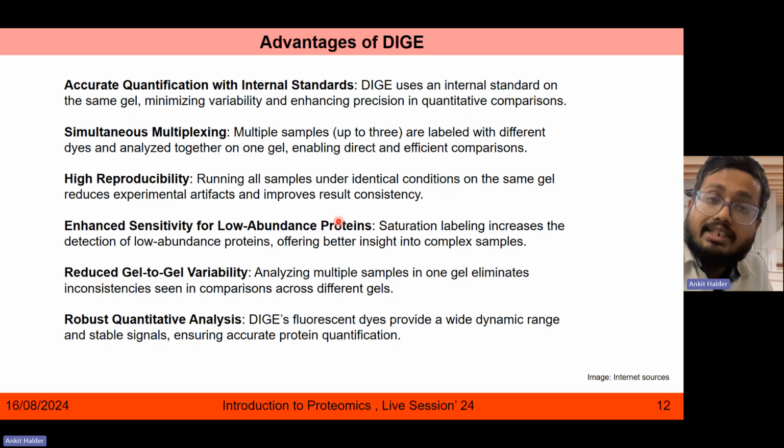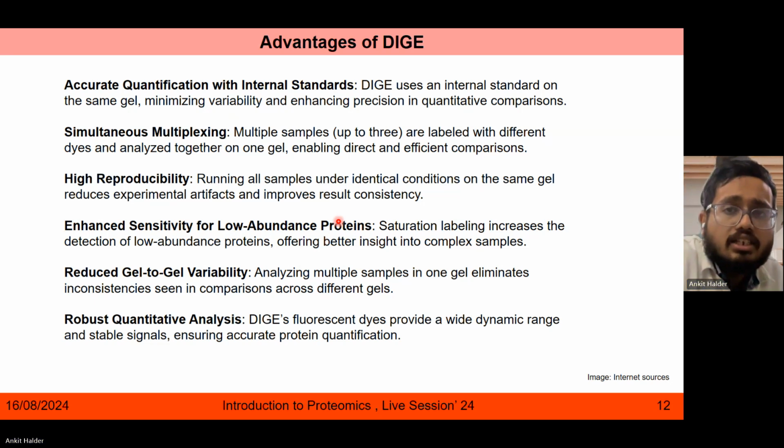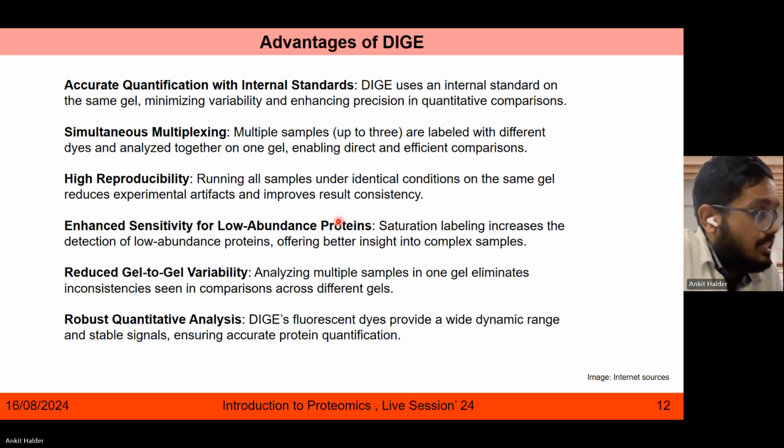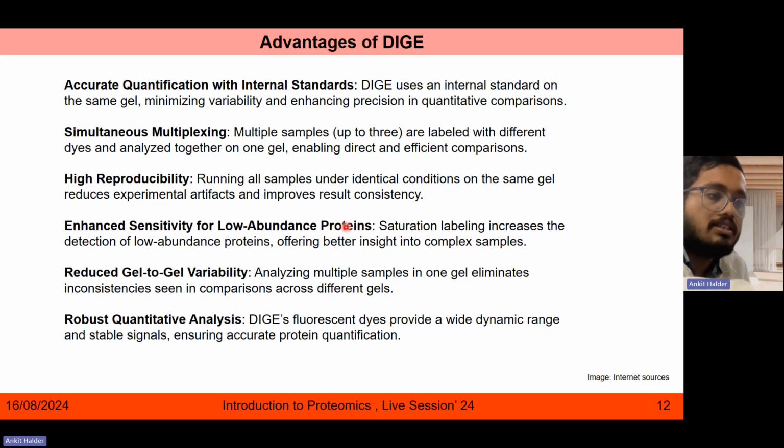First of all, the internal standards are going to play a major role. This is very important, because it helps us get accurate quantification with our internal standards, on the same gel, minimizing the variability and enhancing the precision in quantitative comparison. Next, what is required is the simultaneous comparisons.